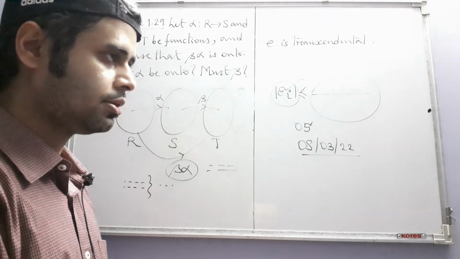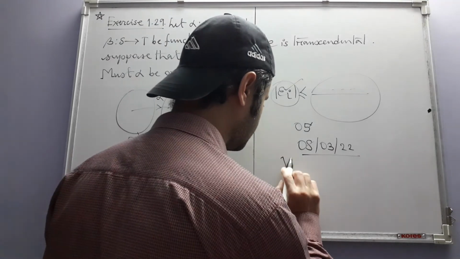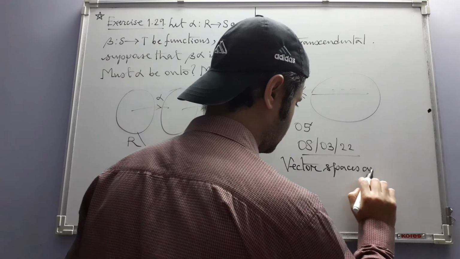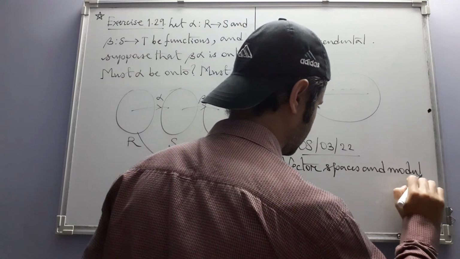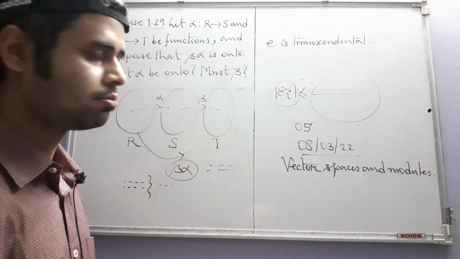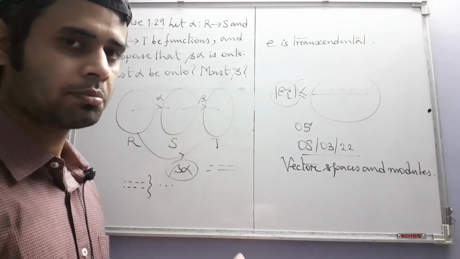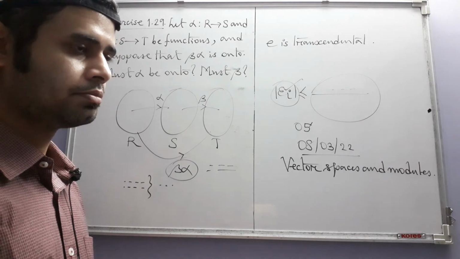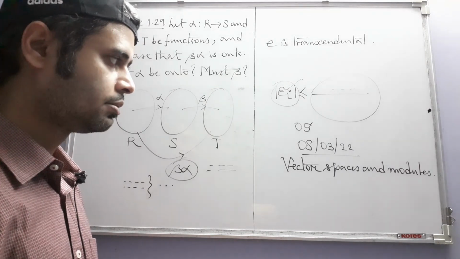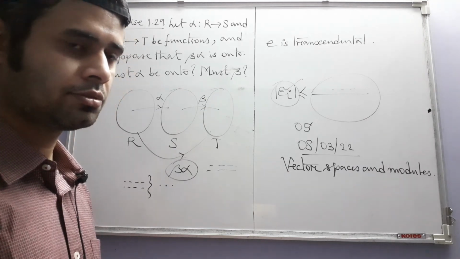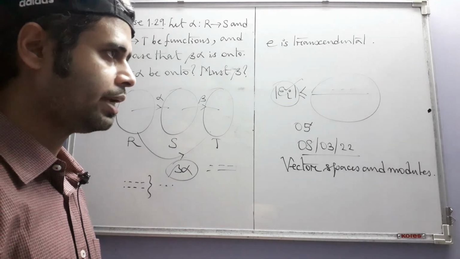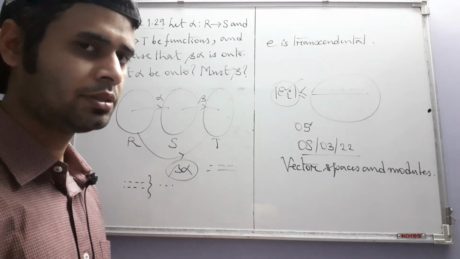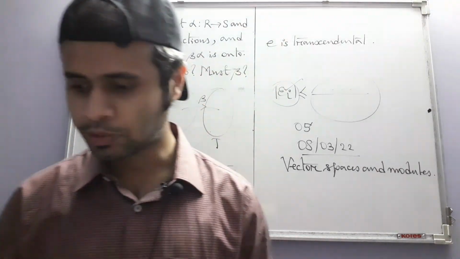Group theory, field theory, then vector spaces and modules, from Topics in Algebra by Herstein. And tomorrow I will upload that field theory video where we will address that problem. If it is really a mistake in the proof, then we have to rectify it. Rectify means we have to change the proof slightly. Or if I am missing something, then of course we will see what ultimately things turn out to be.